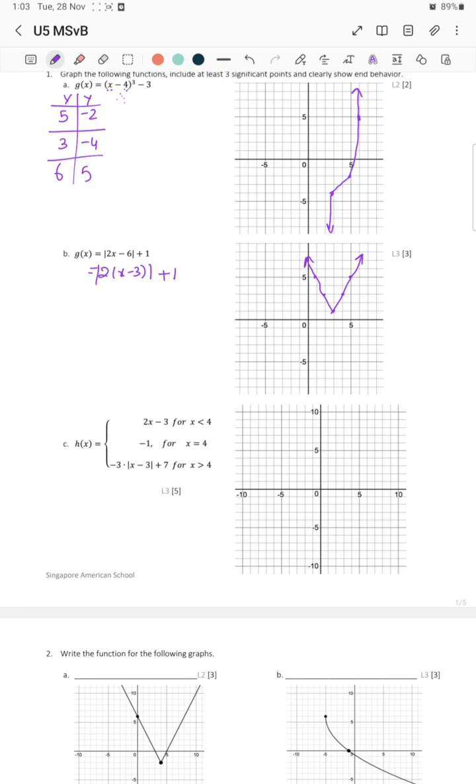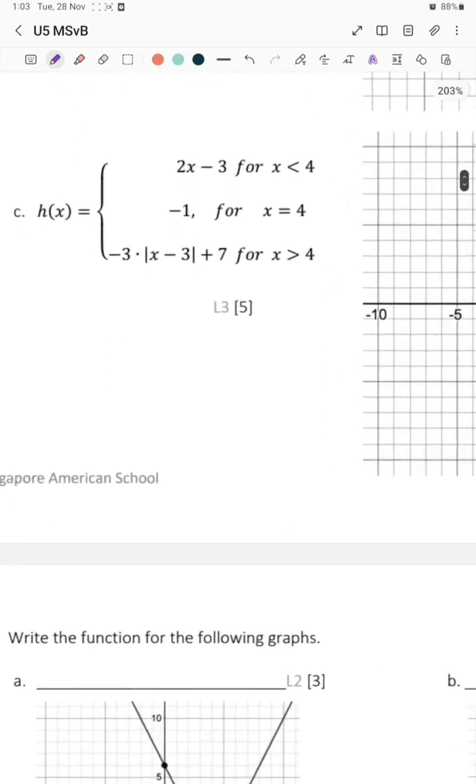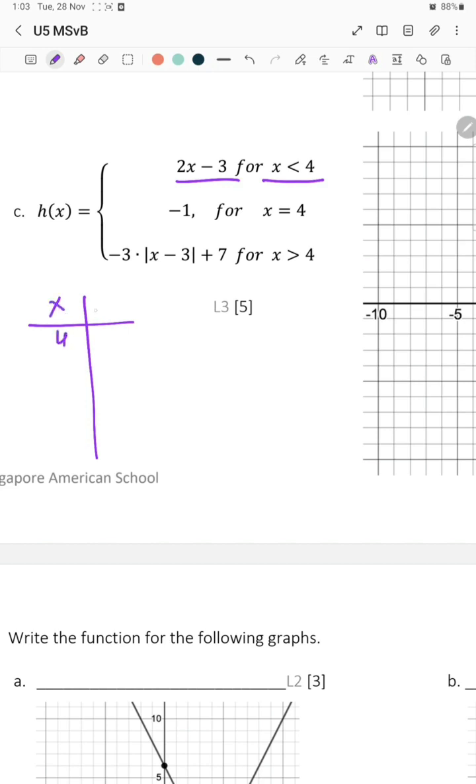If you do one quiz well, you will be able to do the others as well. So in this, x is less than 4, the first one. So for x less than 4, let's take 4 first. 4 to the 8, 8 minus 3 is 5.